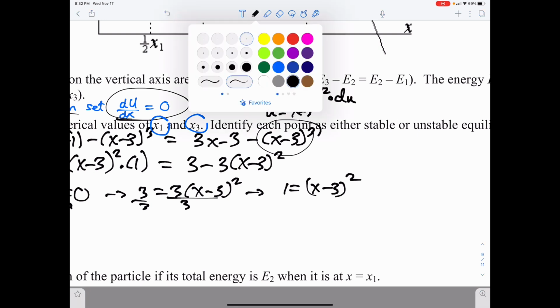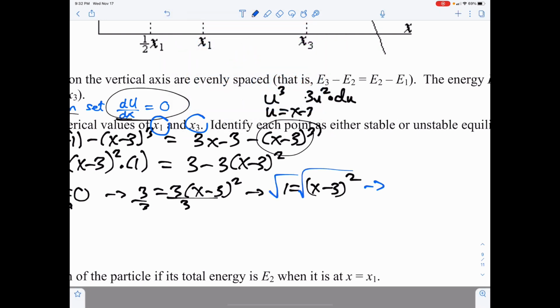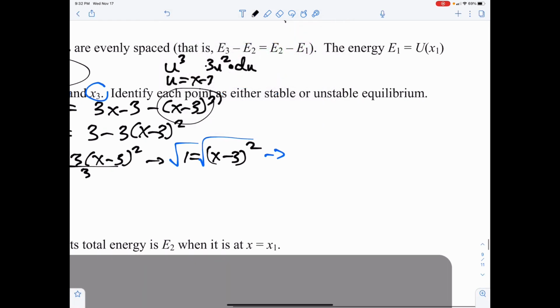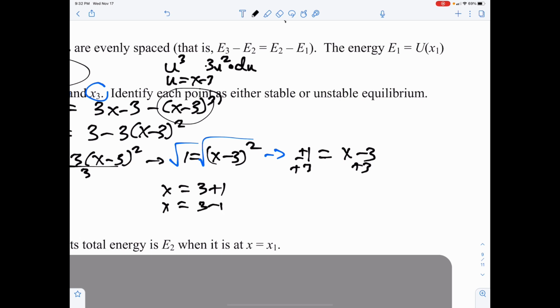Now I'm going to square root both sides. When I do that, I get plus or minus 1 is equal to x minus 3, because the square root got rid of the square. Add 3 to both sides, and we get x is equal to 3 plus 1, and x is equal to 3 minus 1, which would be 4 and 2. Those are your values. 4 would be x3, 2 would be x1.